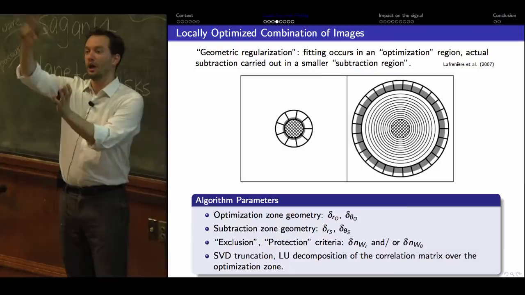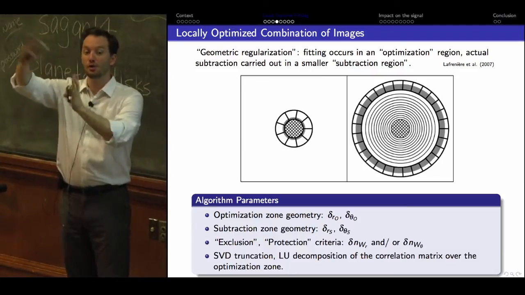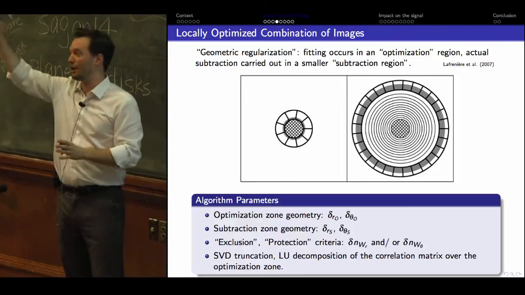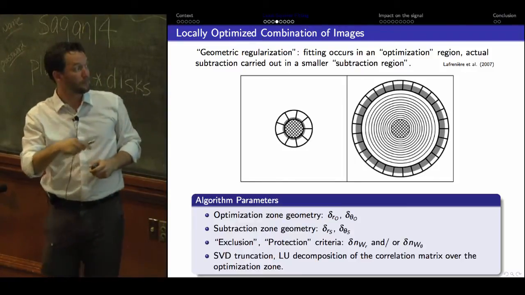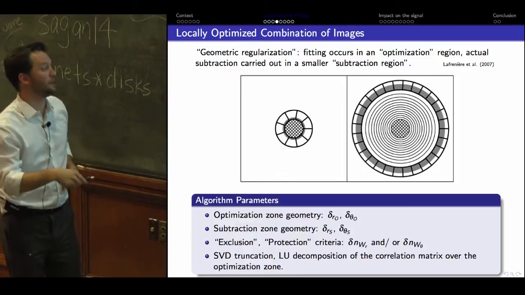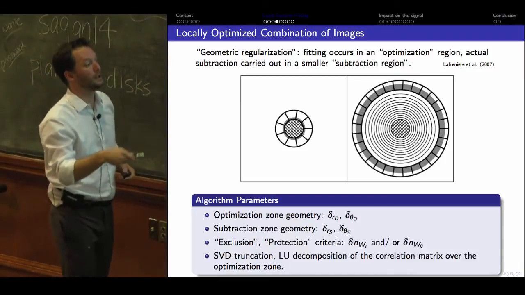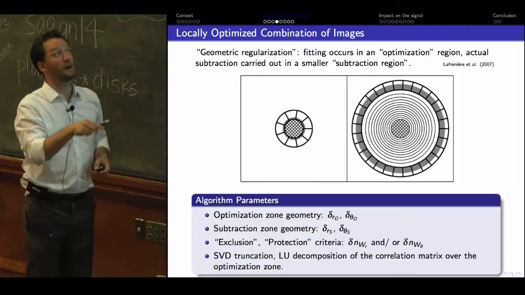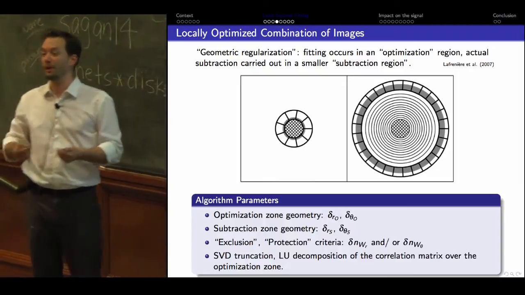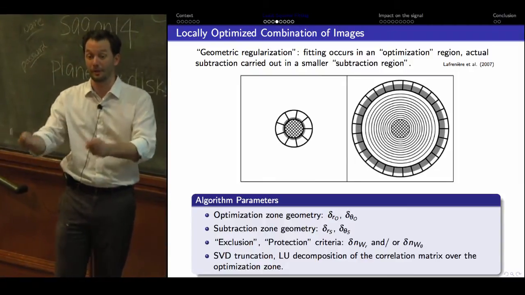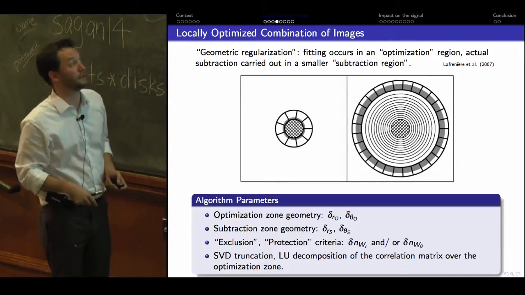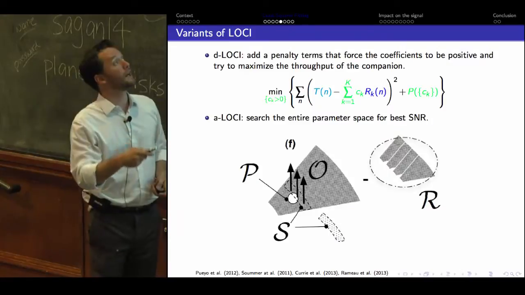This tells you how you choose your references depending on the presumed motion of a companion on your detector. And then you can do some SVD truncation, some LU decomposition of the correlation matrix of the optimization zone. And all these knobs, what you end up doing is pretty empirical. You just turn them until you get what you want, and you're happy with your detection image and with the signal you're getting.